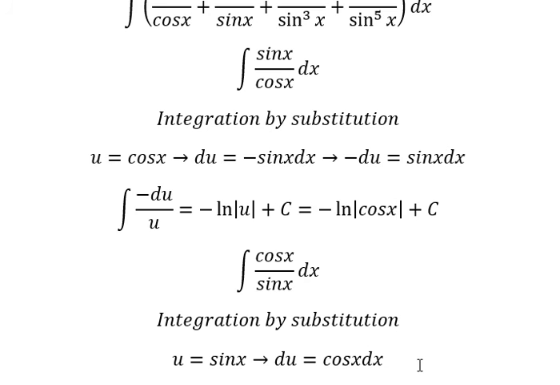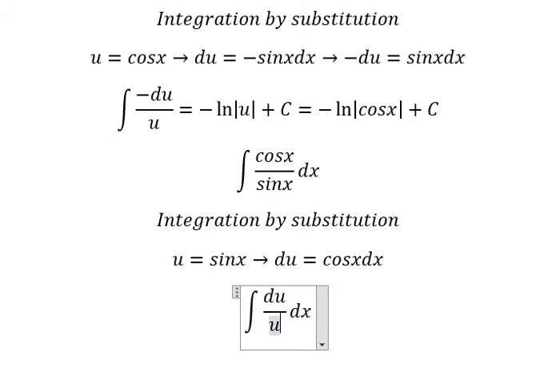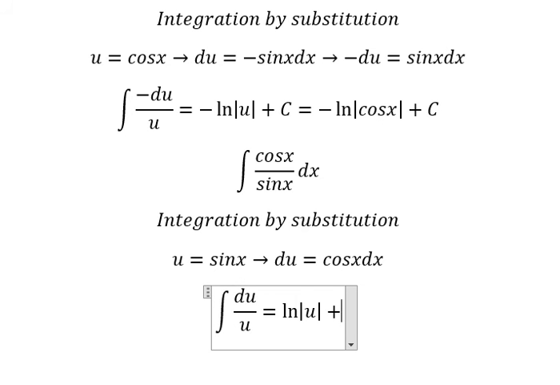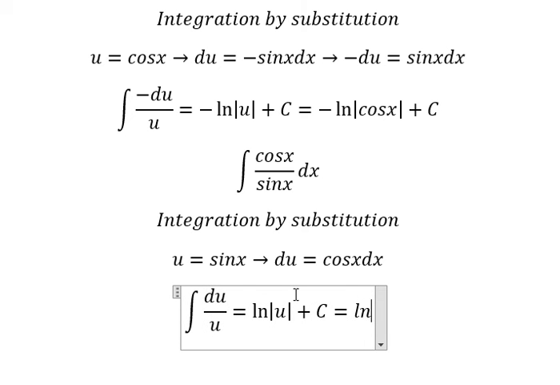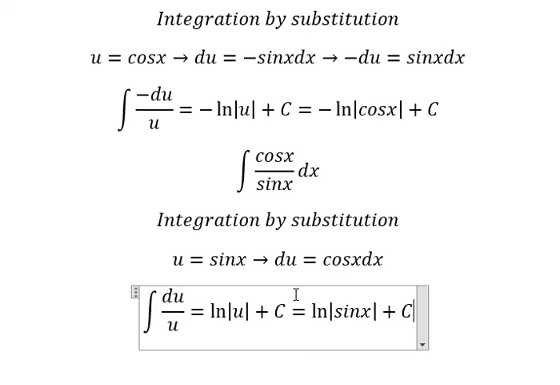And now this one we have u, this one we have du. The integration of this one, we have ln of the absolute value of u, and I will put plus c. About u, that is sine x.